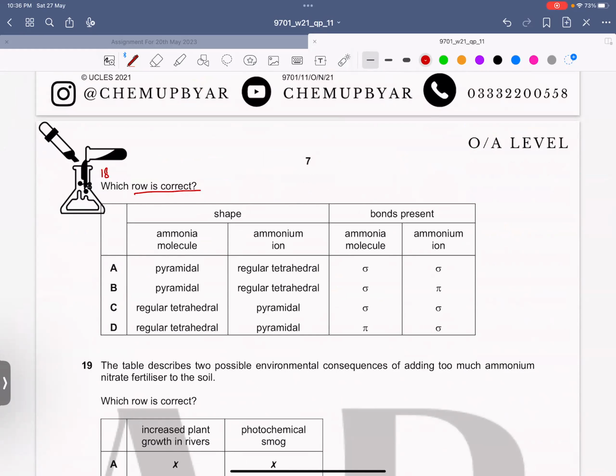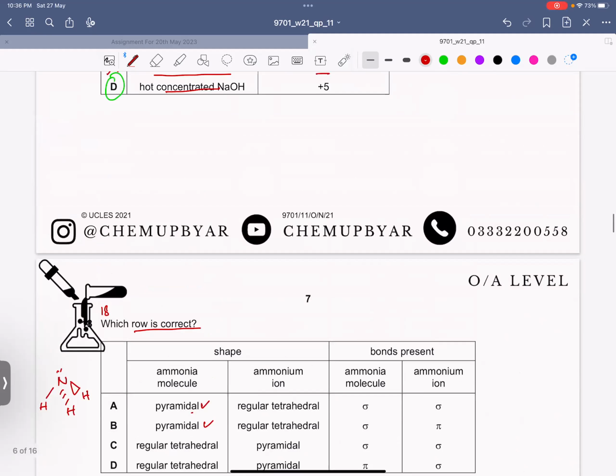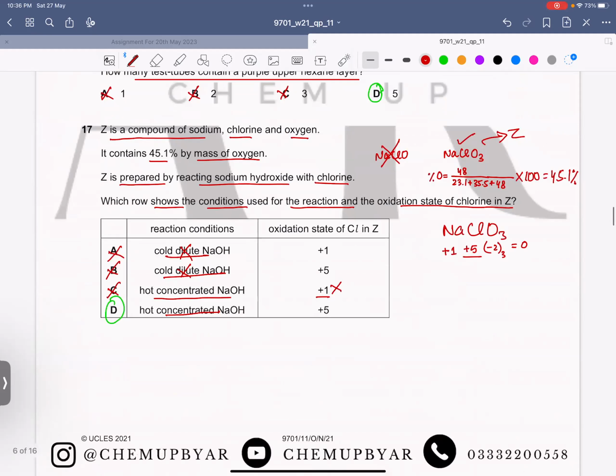Which row is correct? Ammonia molecule. If you recall the shape of the ammonia molecule, it is pyramidal.